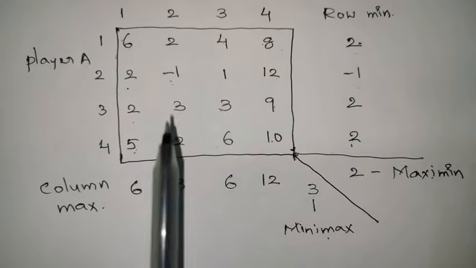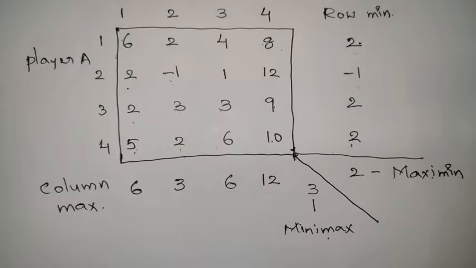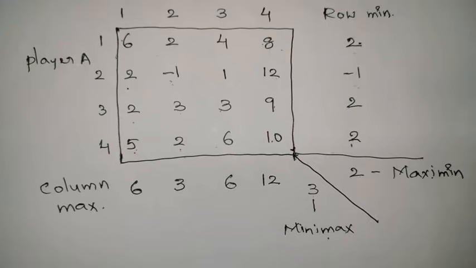But here we have a 4 by 4 matrix. So how to convert a 4 by 4 matrix into a 2 by 2 matrix? We can convert this by the dominance principle.